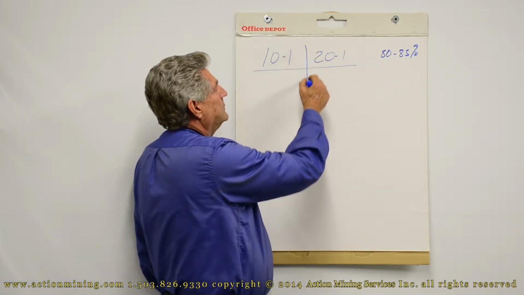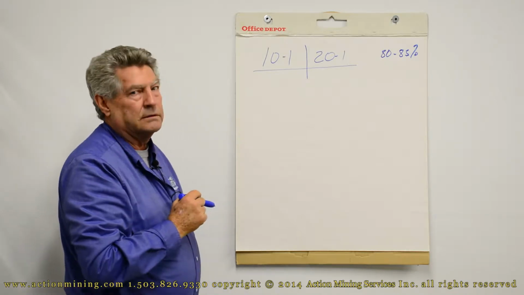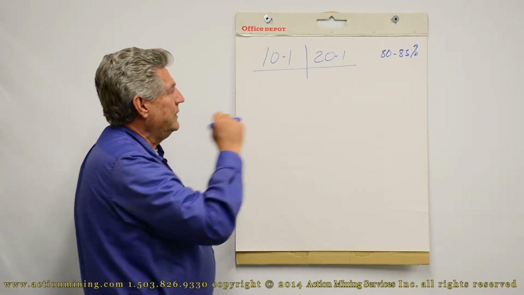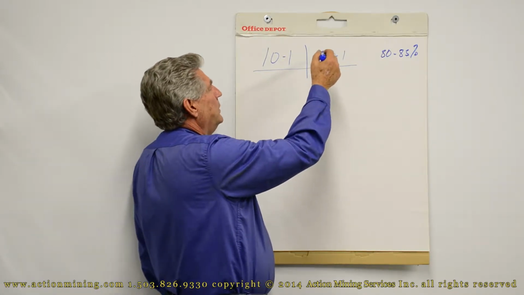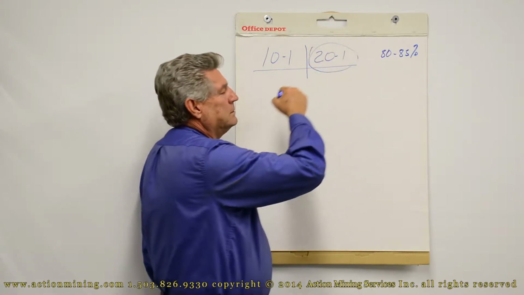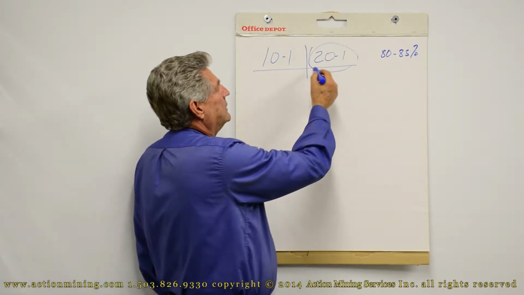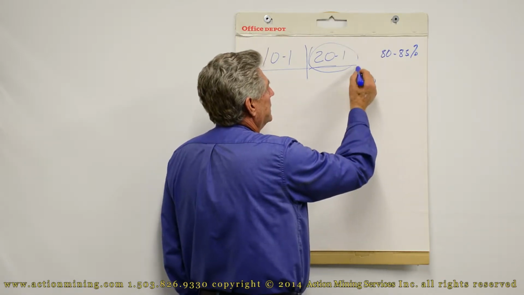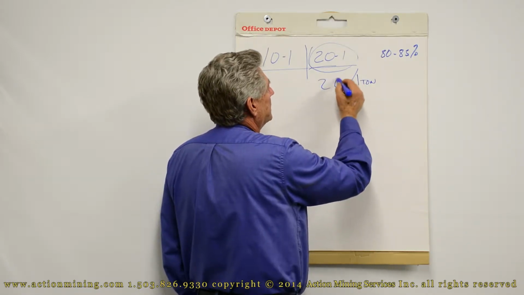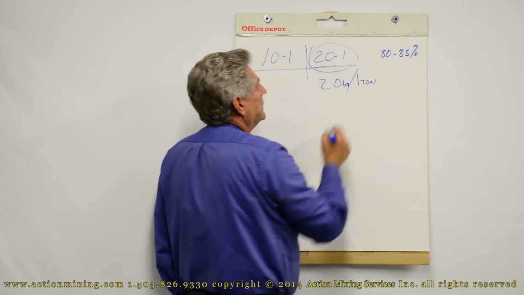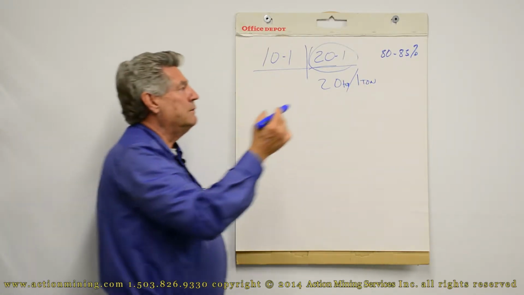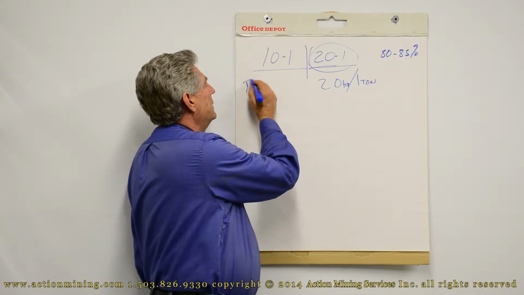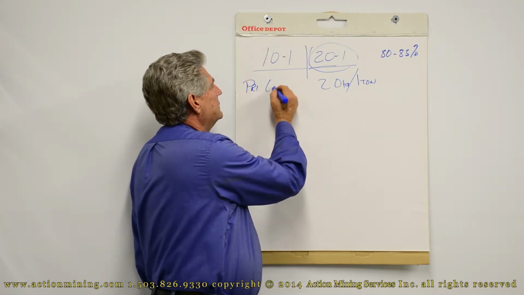So here are the figures I'm looking at. If we do a 20 to 1 concentrate, that means at 20 tons, I have 1 ton of primary concentrate.